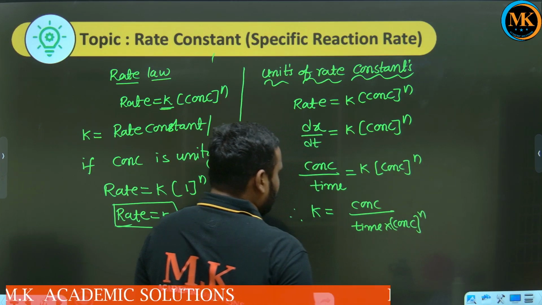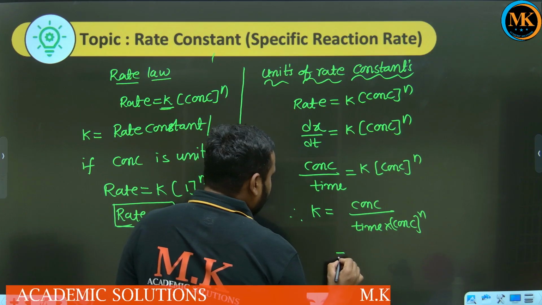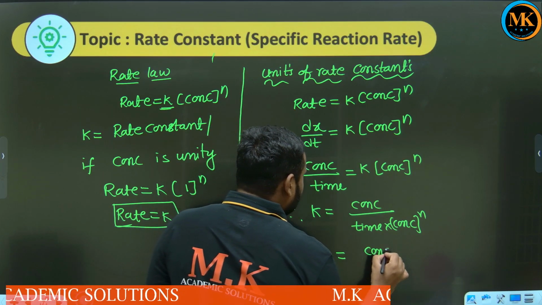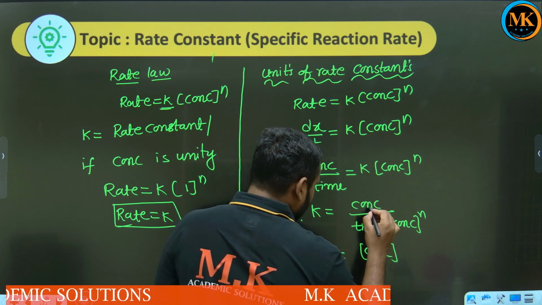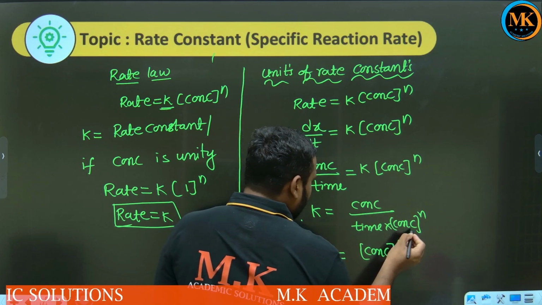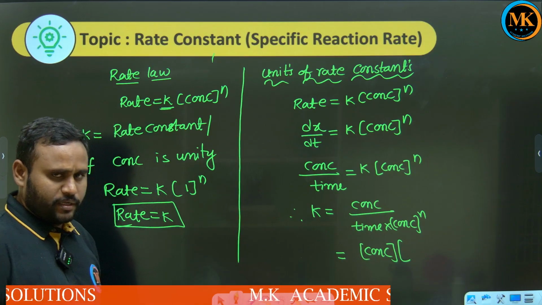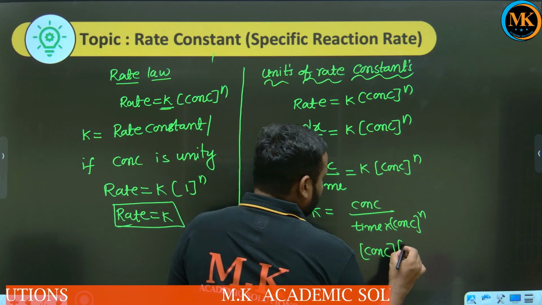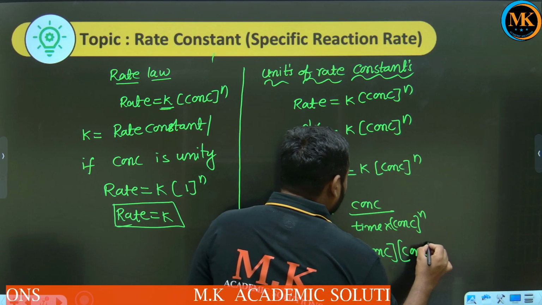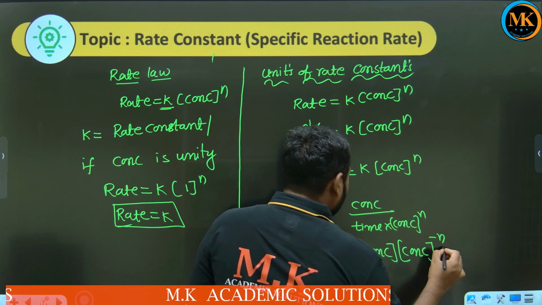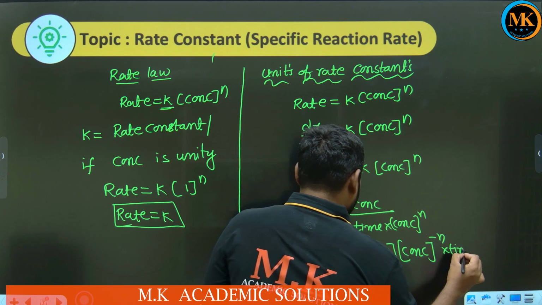Now rearrange this. What do you get here? The numerator is concentration, and the denominator concentration we take into the numerator. So concentration to the power minus n into time inverse.